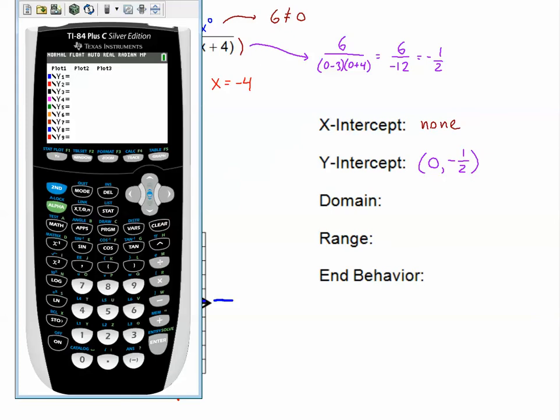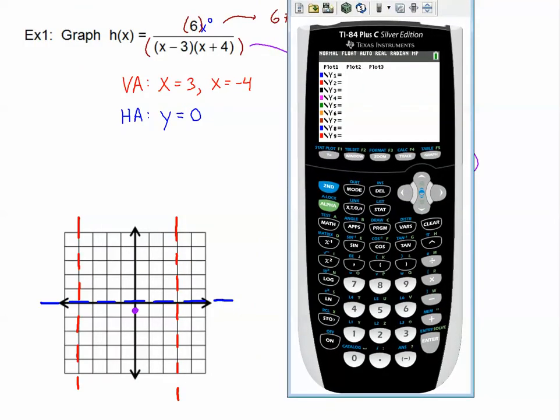So let's go into the calculator, bring this over here. And let's see, I'll put the 6 in parentheses. It doesn't hurt to put the entire numerator and the entire denominator. Now I'm going to start the denominator's parenthesis and then do the parentheses that I see, x minus 3 and x plus 4. And then close the denominator set of parentheses.